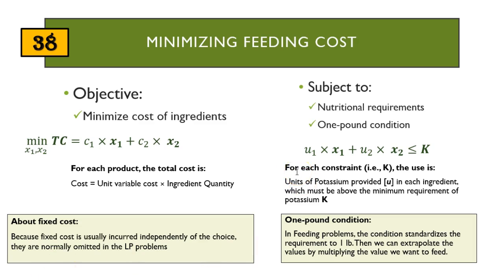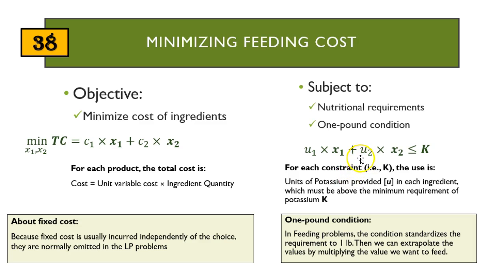Each nutritional requirement follows this general formulation. U represents the quantity of the nutrient present in 1 unit of that ingredient. U1 is the amount of potassium, for example, here, that the ingredient X1 has.